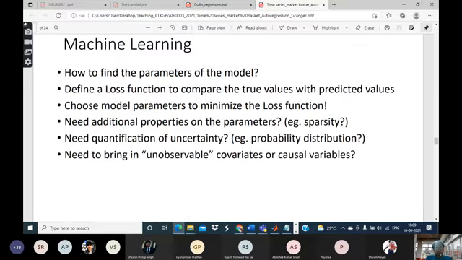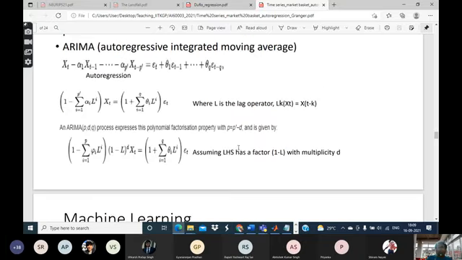Okay, so how can we then choose the parameters so that these kinds of structural properties are satisfied? Or if I want to quantify the uncertainty, then what do I need to do, etc. Or suppose there are some other covariates or causal variables apart from the past variables and these noises also.